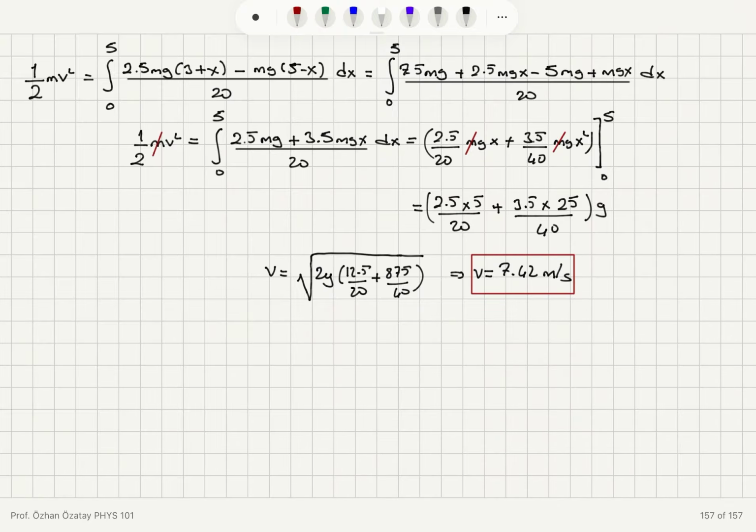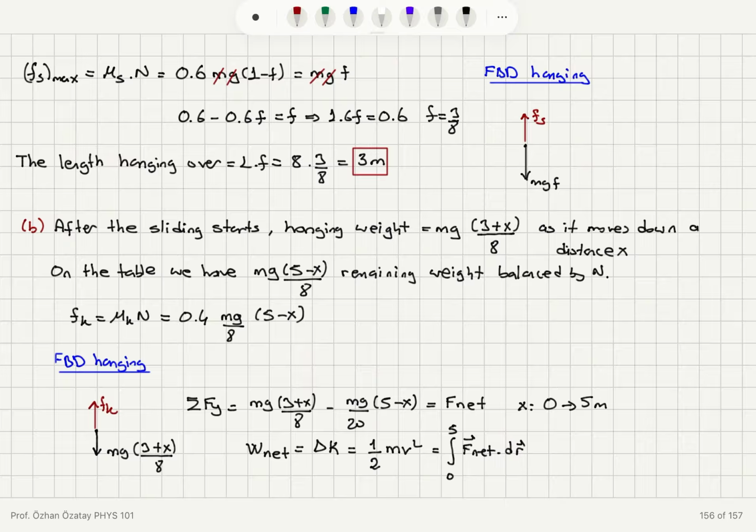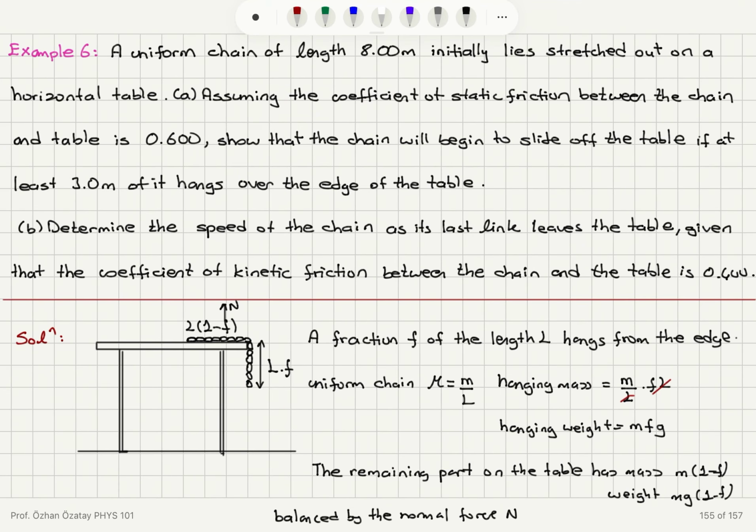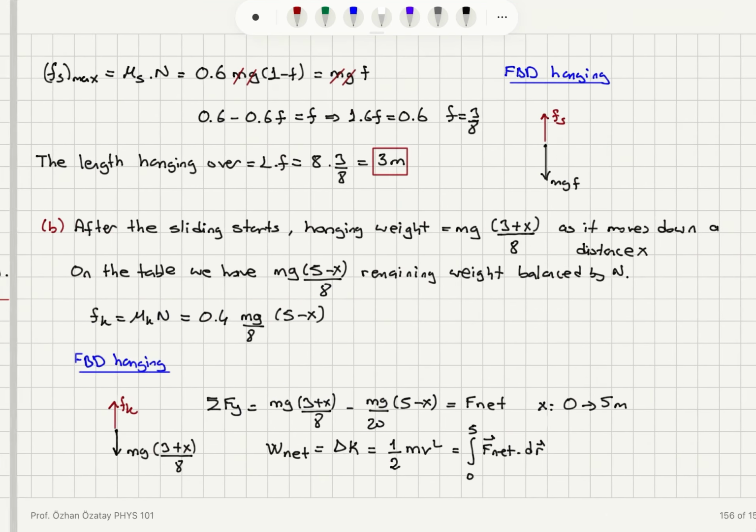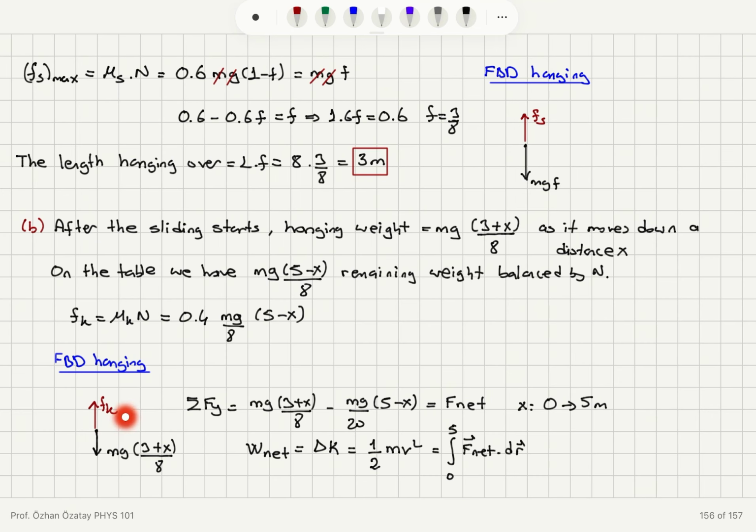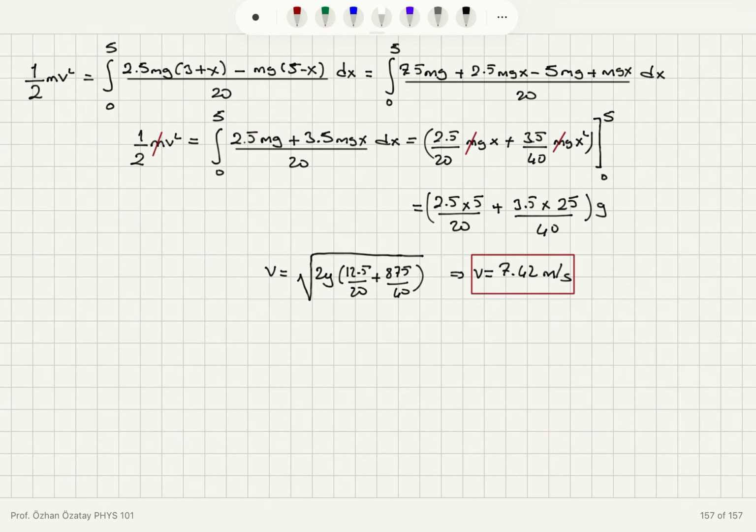Okay, so if I calculate the net force acting on the system, the work done by the net force is the change in kinetic energy. So I use this work-kinetic energy theorem in order to calculate the final speed of the chain as its last link leaves the table. First I noted that I have kinetic friction now, and there is an extra part x that's hanging and 5 minus x remaining on the table, in order to calculate this net force.